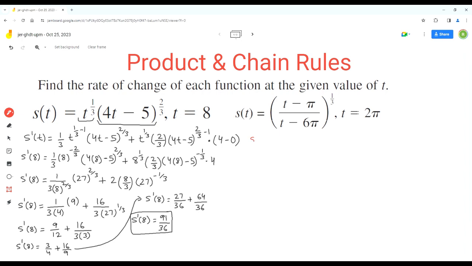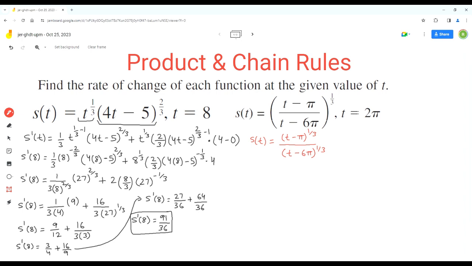So first let's simplify this function. So s of t equals, in the numerator we get (t minus pi) exponent 1 over 3, over (t minus 6 pi) exponent 1 over 3.